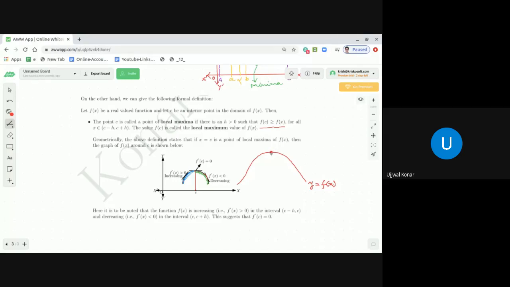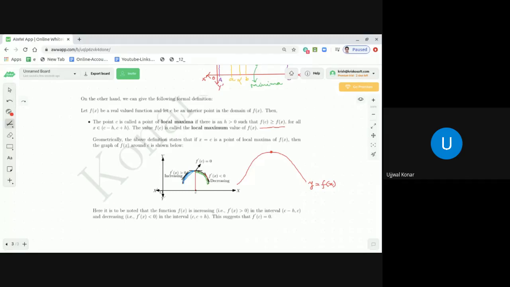Because left of this point, you see that the function is actually increasing, because as x is increasing, the function is also increasing, correct or not? And on the right hand side of this point, the function is decreasing, correct? So that is why it is called a maximum point, local maxima.